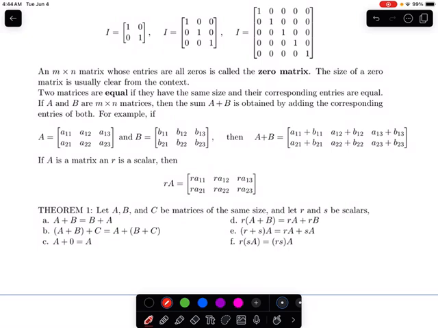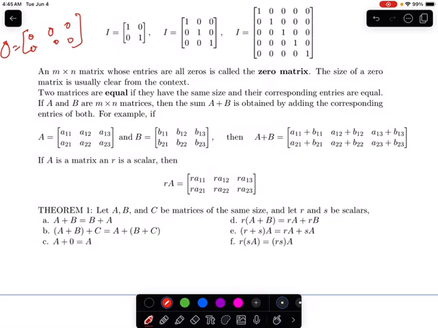Now, the zero matrix can be of any order. For example, if you have 0, 0, 0, 0, 0, 0, this is a matrix of order 2 by 3, and this is a zero matrix. So you can call it O. Zero matrix can be of any size, but the identity matrix can only be 2 by 2, 3 by 3, 4 by 4, and so on.